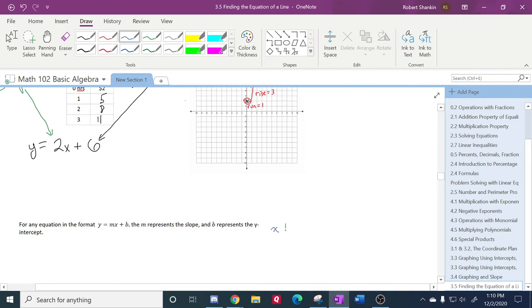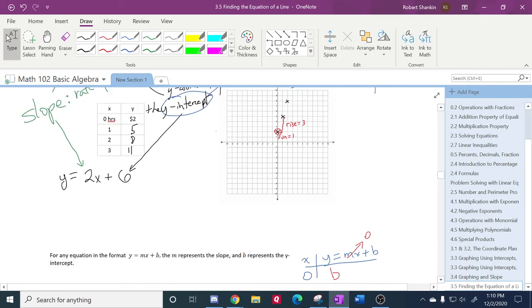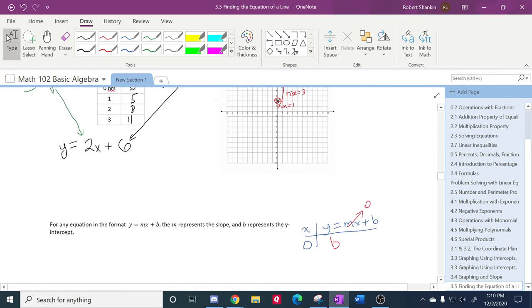Because y is equal to mx plus b, and when you plug in 0 for the x, it zeroes this out. No matter what the m was, it makes that part 0. And so then this will become b. And this is our incredibly fast way that we'll be using to graph equations of lines now.